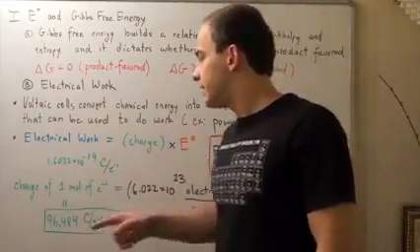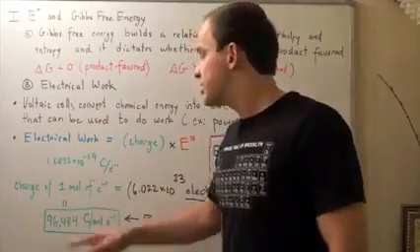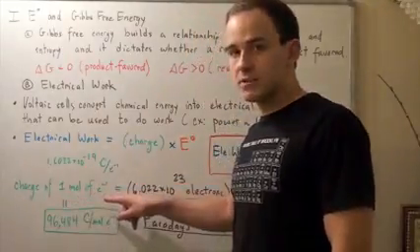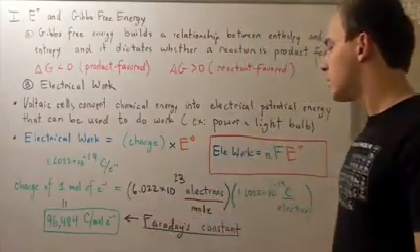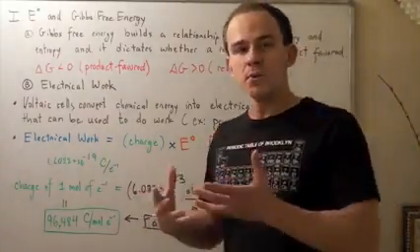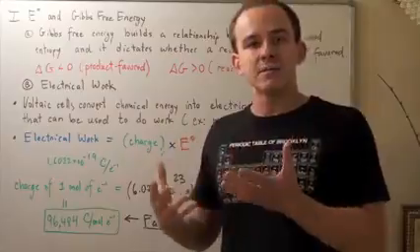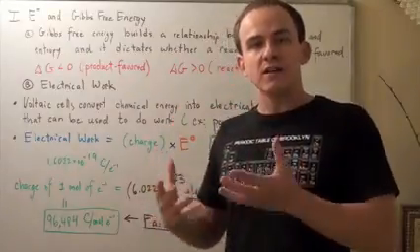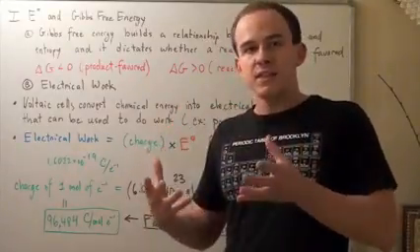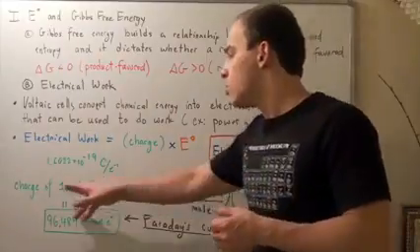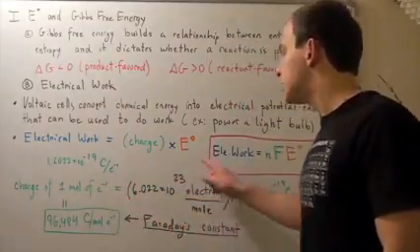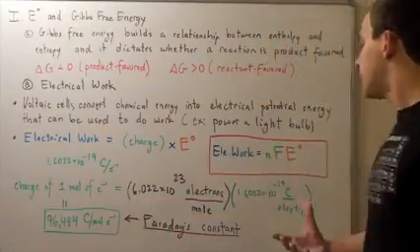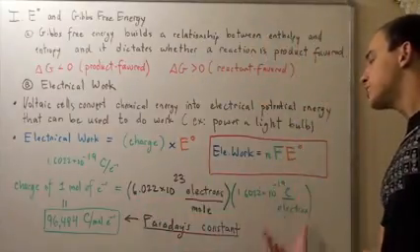Now let's find how much charge is in 1 mole of electrons. The way we do it is we use Avogadro's number. Remember, Avogadro's number refers to the number of atoms or electrons found in 1 mole of anything. If we're talking about 1 mole of electrons, that means we take this number of electrons and multiply it by our charge per electron.